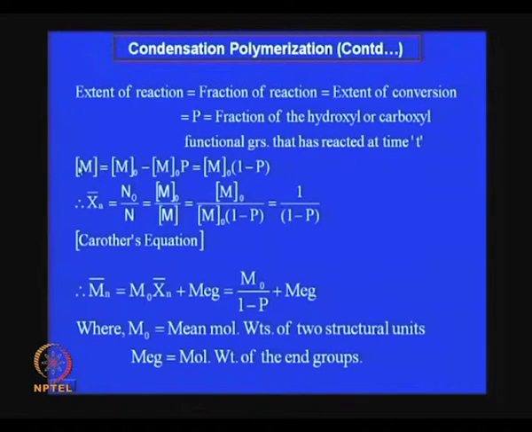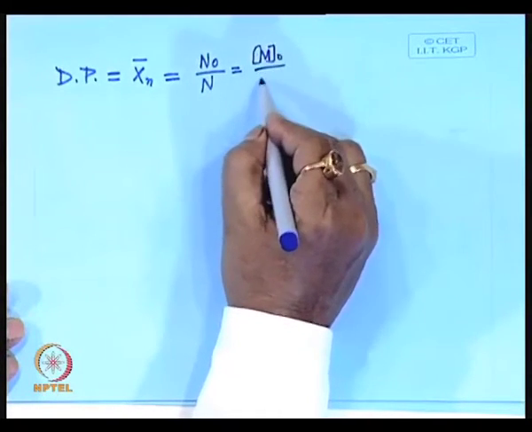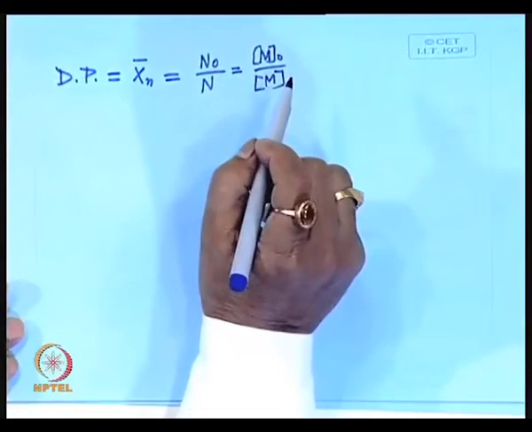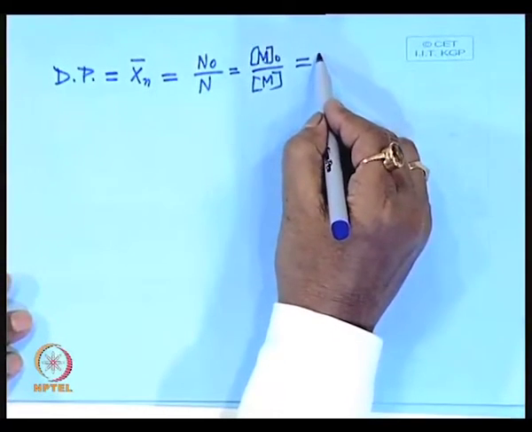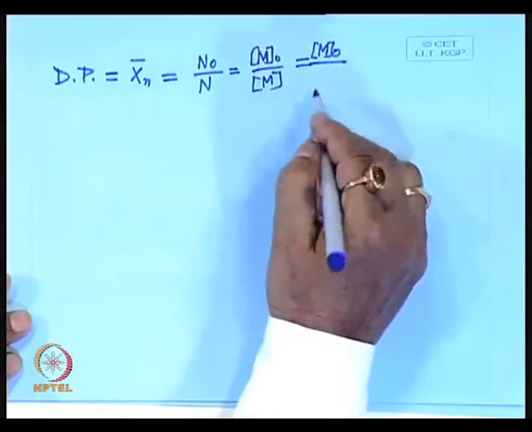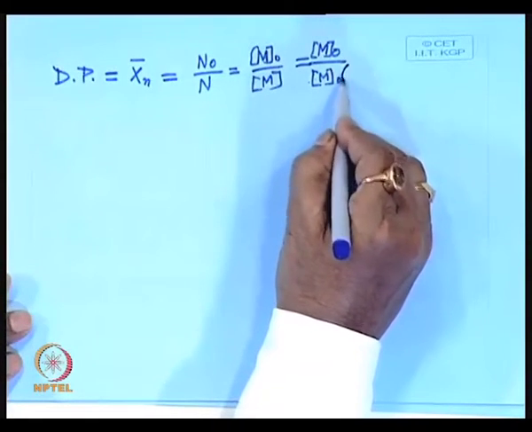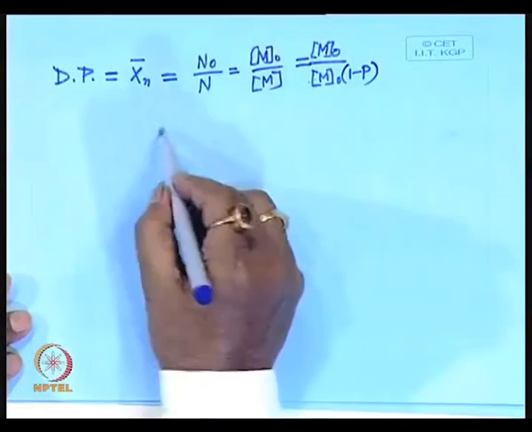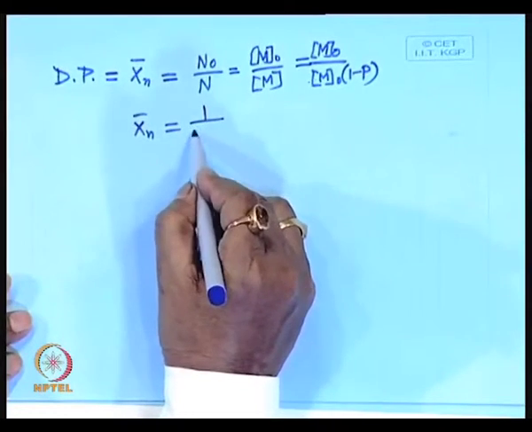So, you can convert it into mass, then number into mass of each. You can also write this way, m0 by m. So, if it is m0 by m, then what is m? This is m0 into 1 minus p, which means xn bar is equal to 1 by 1 minus p.